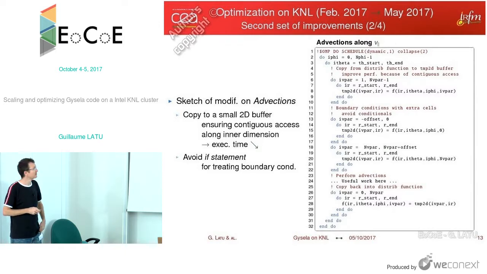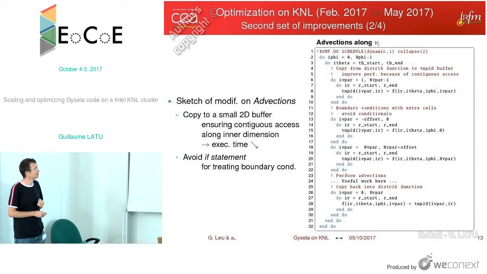That means that just by having this loop over the R direction, we have a unit stride access. So we do not pay for long-strided access along V parallel. Then we do the useful work here, and copy back into the distribution function.